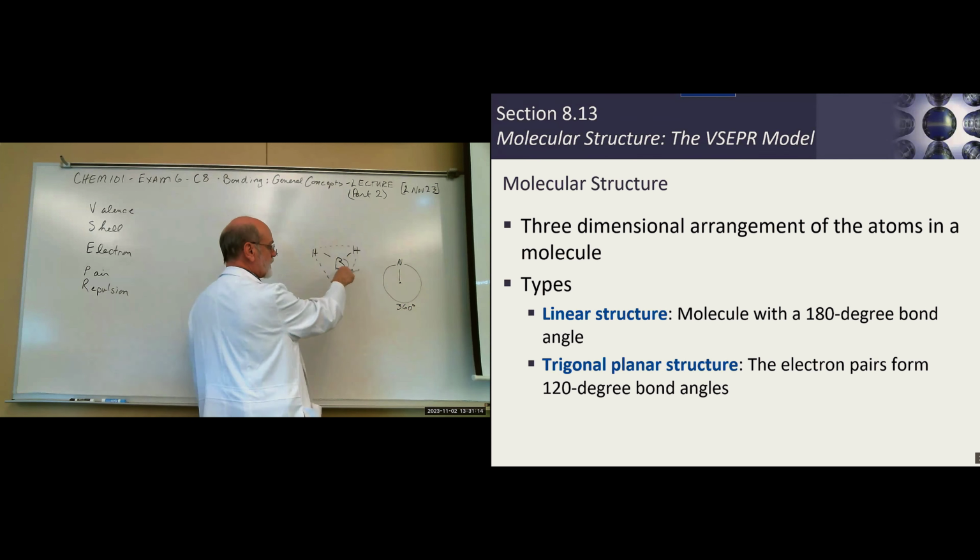That's a Lewis dot structure. You know, do it. 2, 4, 6, 8 octet. When you have that arrangement, then the ideal structure for 4 attachments to the central atom is a tetrahedron, right?